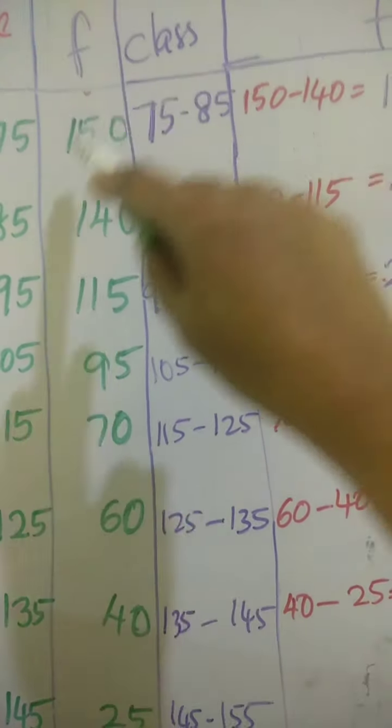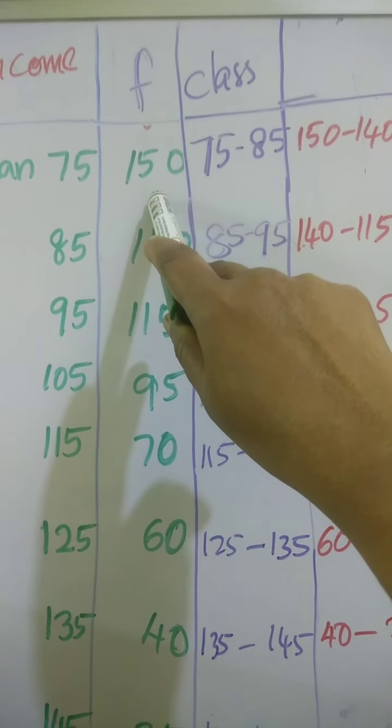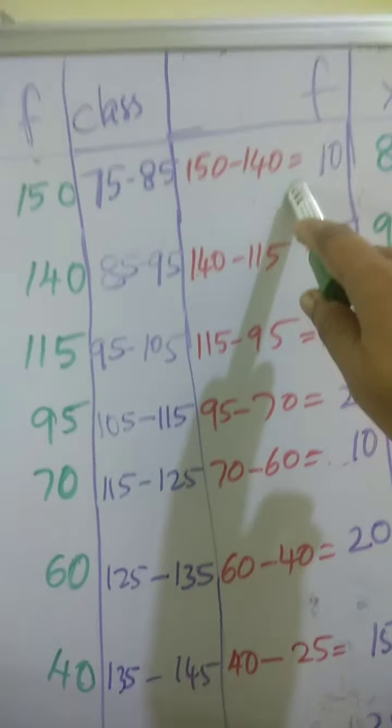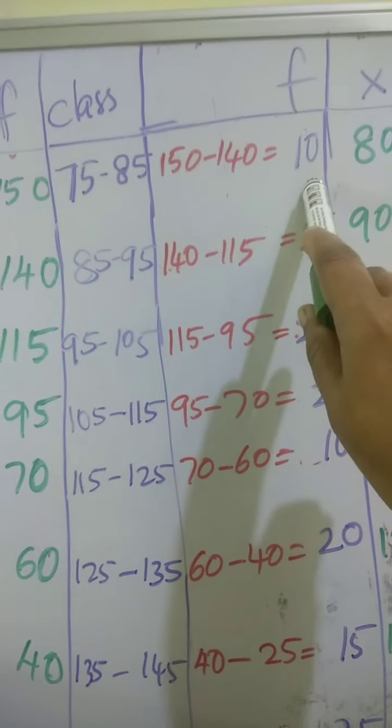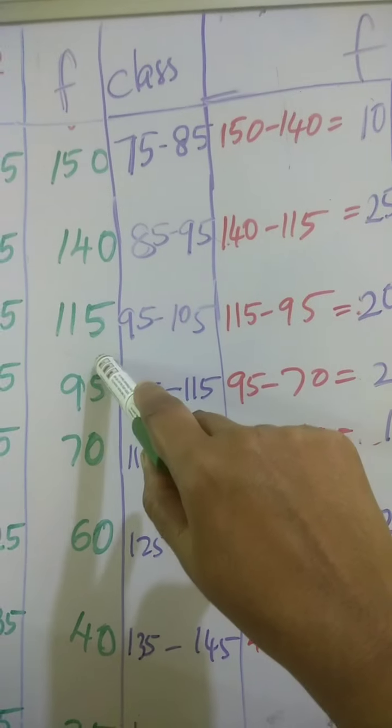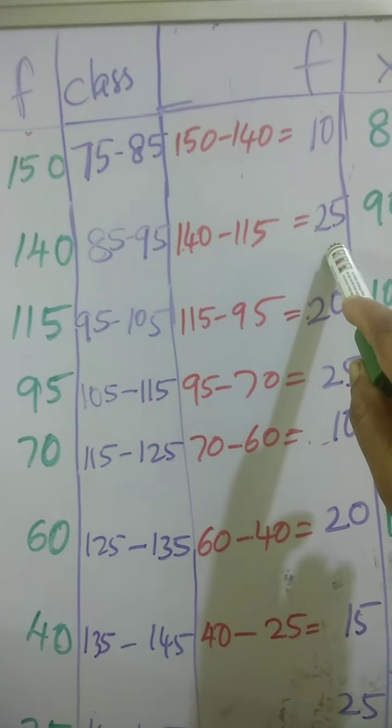Now we have a cumulative frequency. We have to change this into normal frequency. How to convert this into normal frequency? The first one, 150 minus 140, the difference, it is 10. Then 140 minus 115, it is 25.